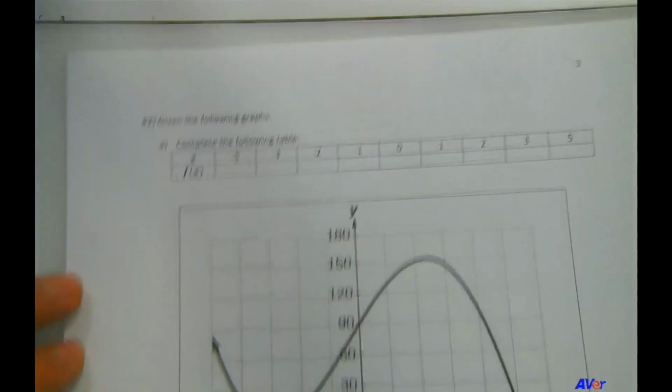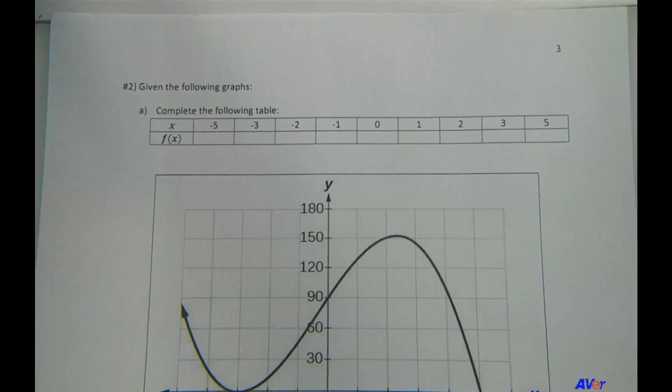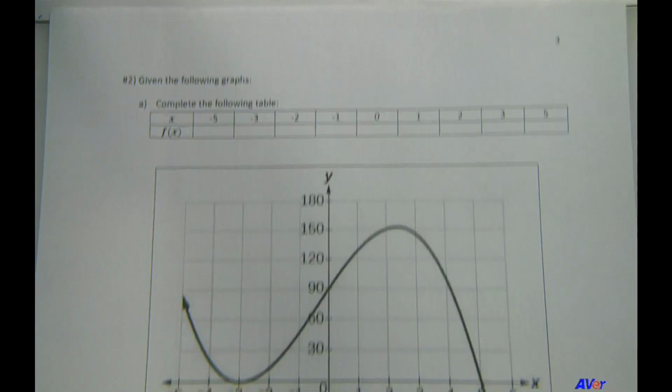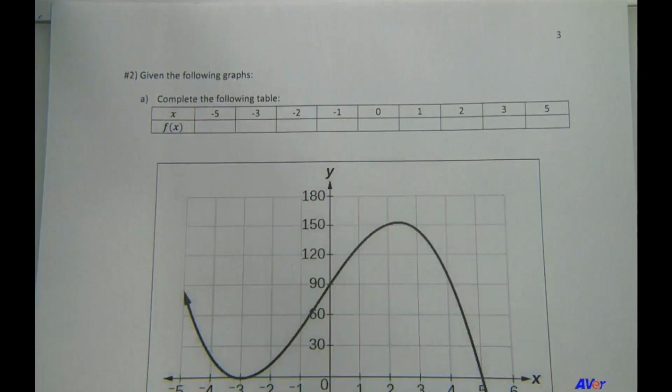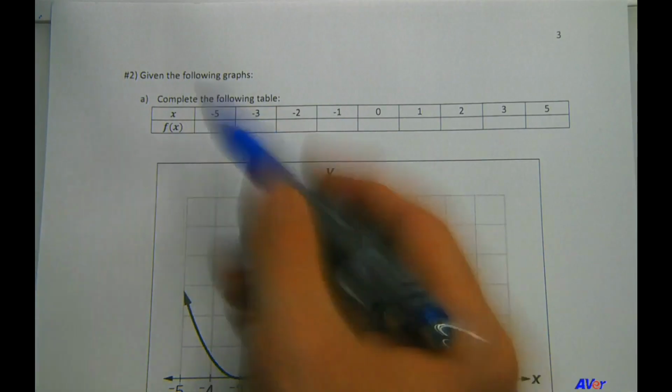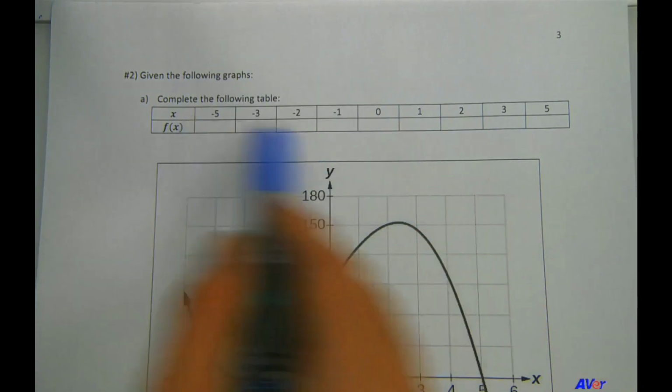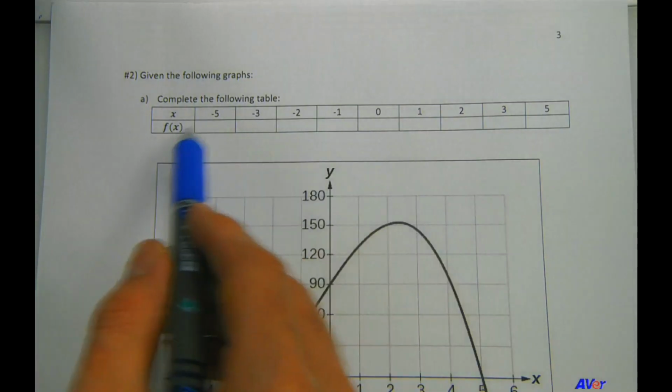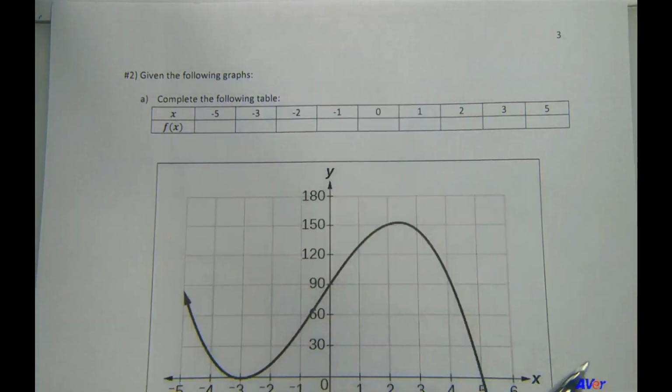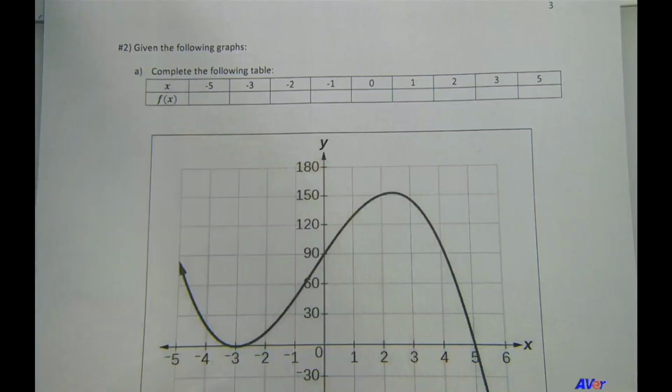This last problem is just an exercise in, usually what we have is a function. We give it some value and we calculate what f of x or y is. But here we were not given the function for this, which is likely some polynomial. Polynomials graph like this, okay?